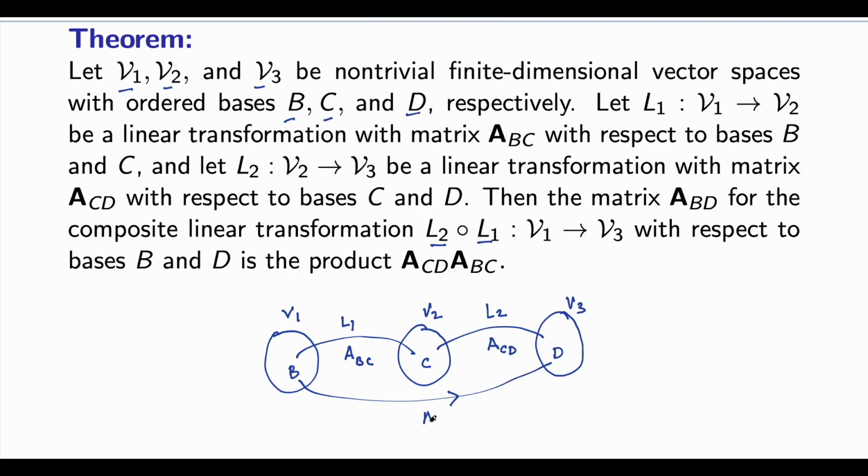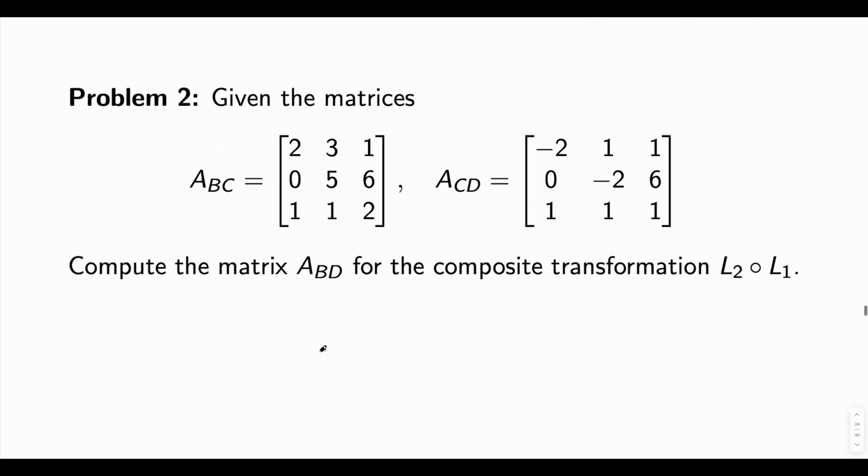So A_BD is nothing but the product of A_CD and A_BC, in reverse order, right? This to this, this to this. So from here to here means this and this, right? So now we can see an example based on it.